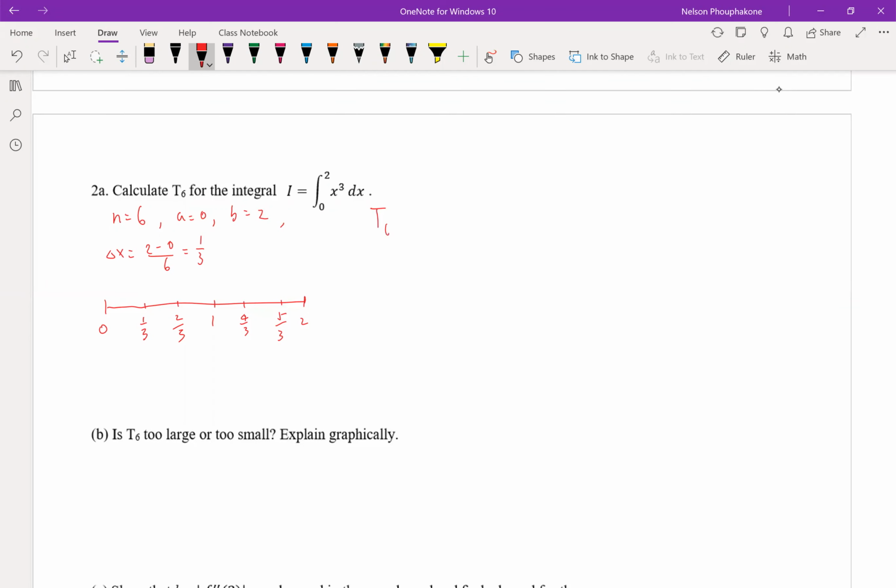And then now for the trapezoidal, I will have 1/2 times delta x multiplied by f of 0 plus 2 times f of 1/3 plus 2 times f of 2/3 plus 2 times f of 1 plus 2 times f of 4/3 plus 2 times f of 5 over 3 plus f of 2.